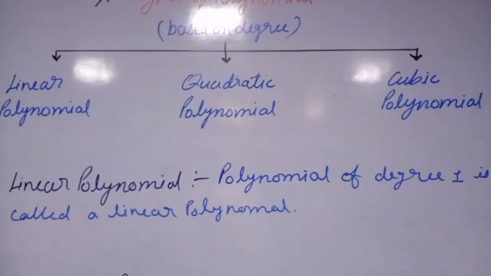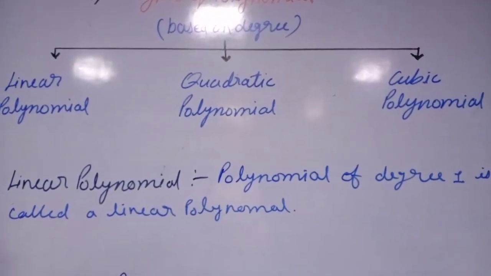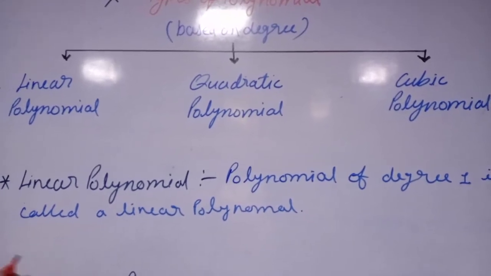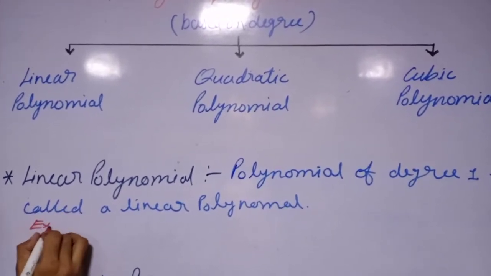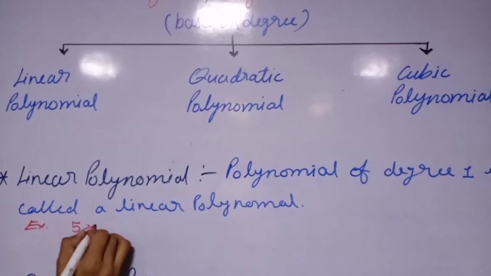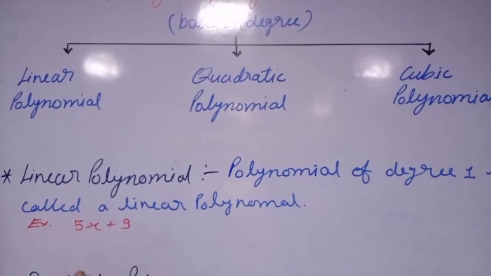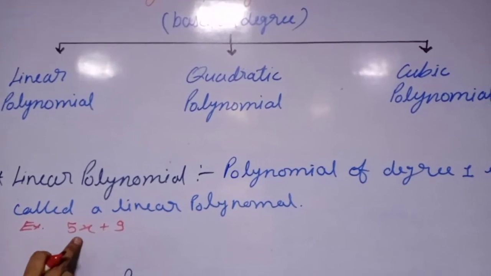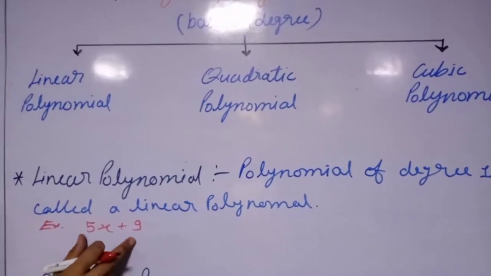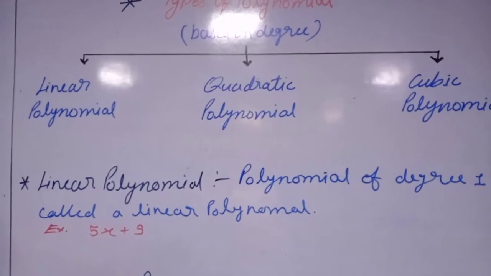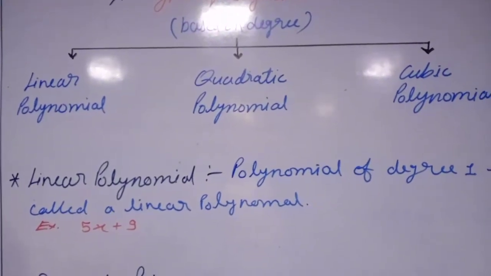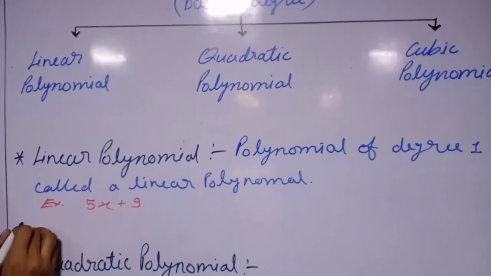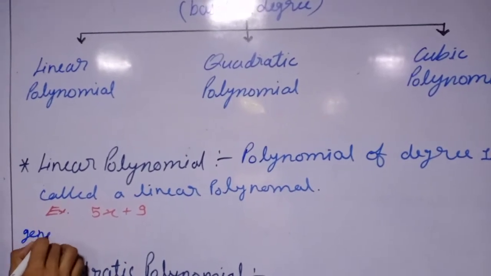Whenever we have a polynomial and the degree is 1, that is called a linear polynomial. For example, 5x plus 9. Here the degree of this equation is 1, because the highest degree of the variable is 1, so that is called a linear polynomial.